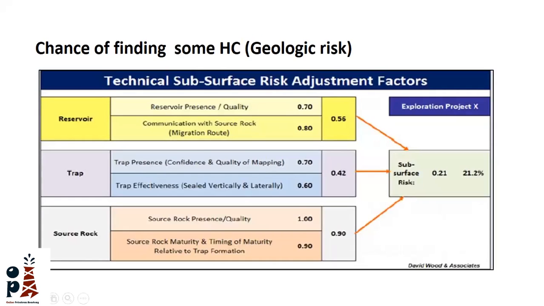In exploration, you have technical risk factors like reservoir, trap, or source. If the probability to find a good reservoir is 0.56, a trap 0.42, and the source 0.9, you should multiply them all together to get the exploration risk, which is 0.21, because all these parameters are independent.